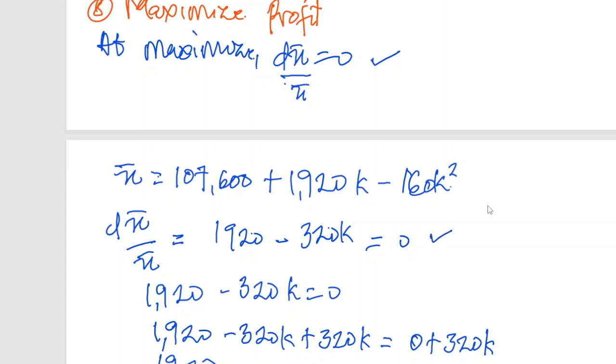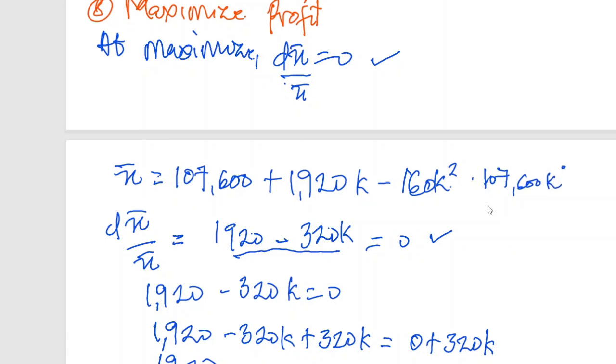But someone will be asking, how are we going to get this function after differentiating? When you are doing differentiation, let's assume the constant 107,600 is the same as 107,600 K to the power 0, because any number to the power 0 is the same as 1.